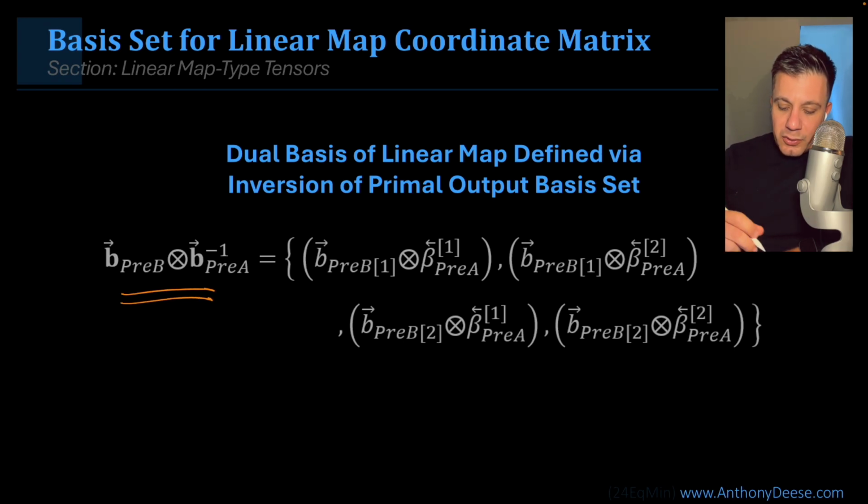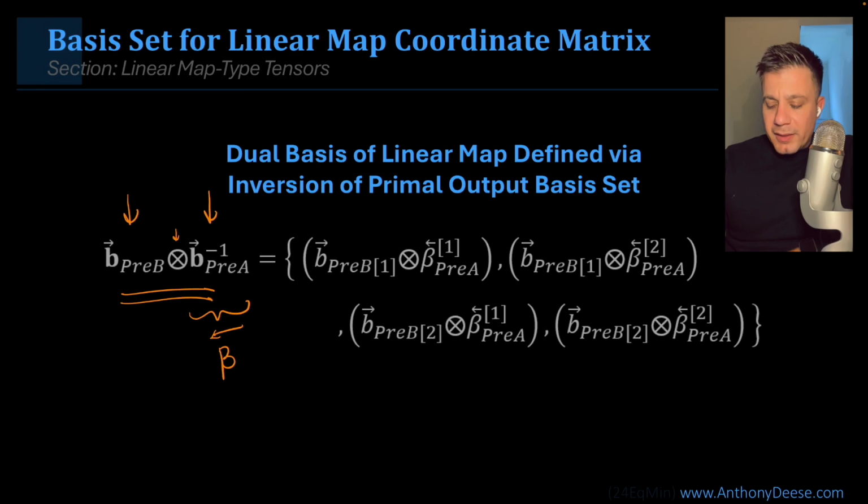So it's the tensor product of the primal basis associated with the output vector, tensor product, the inverted primal basis associated with the side A, or the input vector. And we can visualize this inverted primal basis set as being a dual basis set in terms of the way that we divide up the elements or the sub-elements.